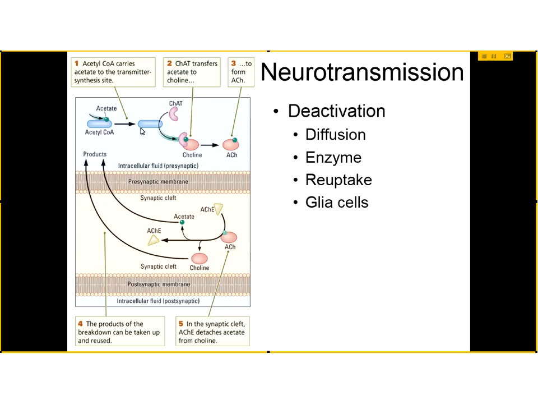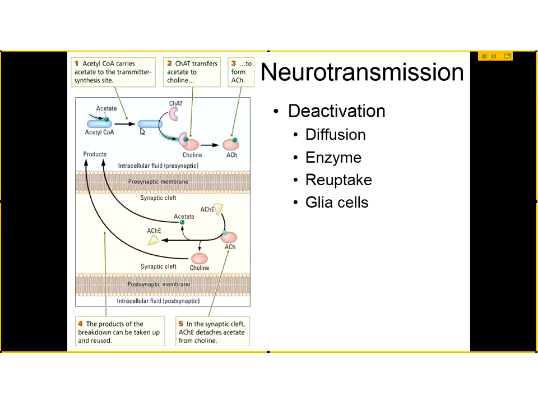Some people view that glial cells reabsorb or absorb some of these neurotransmitters at the synaptic cleft. So astrocytes would be playing a large role there. So once we have the signal, we have the neurotransmitter synthesized, we have it stored, we have it released, it's activated those receptors, we have to clear that signal away, and we can use diffusion, where it just simply goes from an area of higher concentration to lower concentration, so it gradually moves out of the synaptic cleft.